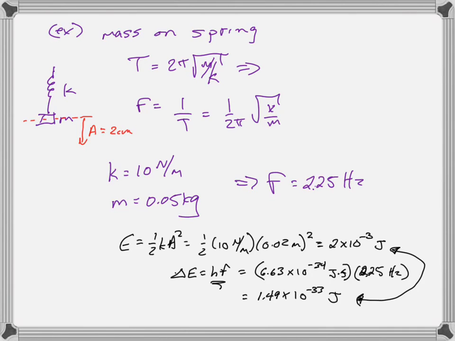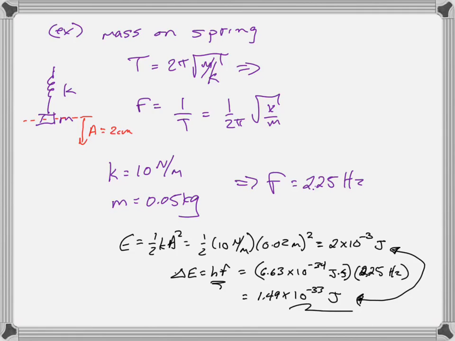So when you're changing the amplitude of that mass on a spring, it is actually quantized. You can only change it by certain amounts, at least ideally, but the certain amounts are so small we could never measure it, right? So it seems continuous. This is the thing about quantum mechanics: it's typically only observable for small things, when we get down to single quanta, single atoms and their behavior at low energy.